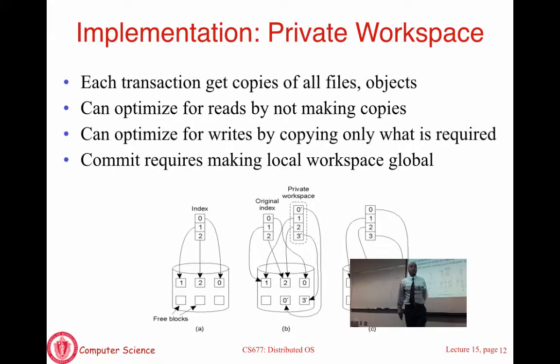Your question is that this is just to ensure the atomicity of the operation. This doesn't ensure consistency, as there may be another process reading the same data. Yes. So the question is, this is only doing atomicity, it's not doing anything for concurrency. We'll talk about concurrency control in a minute or two, because at the moment we haven't said what happens if two transactions are operating at the same time.